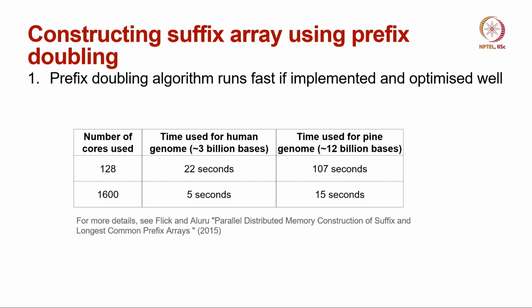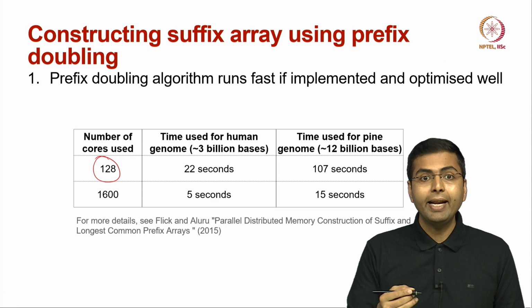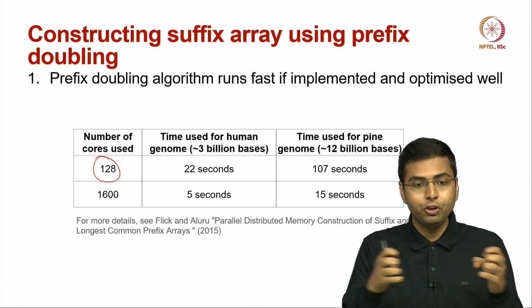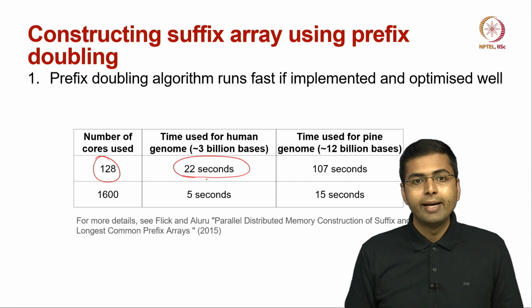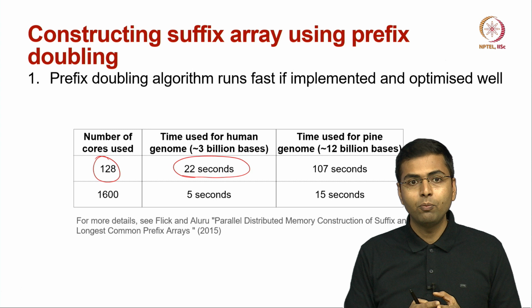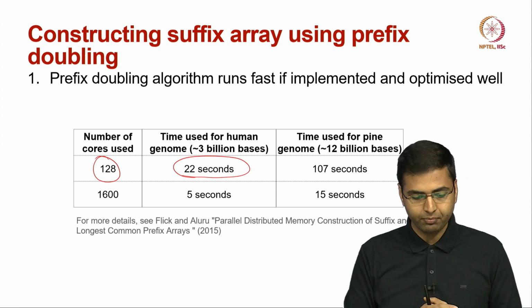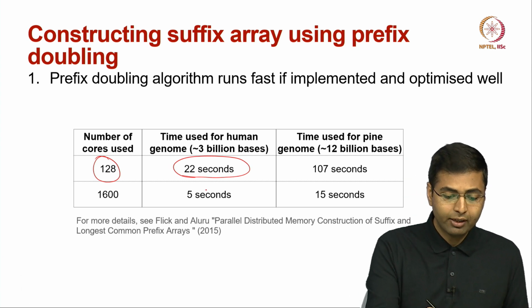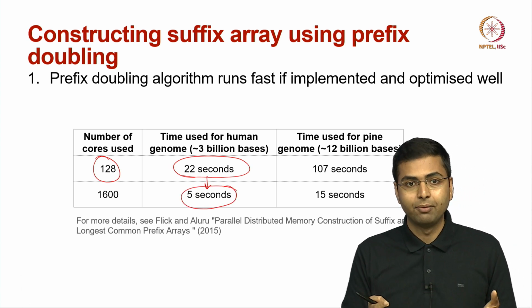On a cluster which has, let us say, 128 cores, their implementation of suffix array construction for the complete human genome only takes 22 seconds. In other words, they are able to sort 3 billion suffixes in the human genome in only 22 seconds using 128 cores.